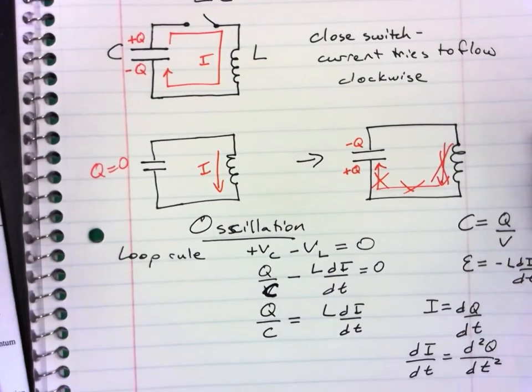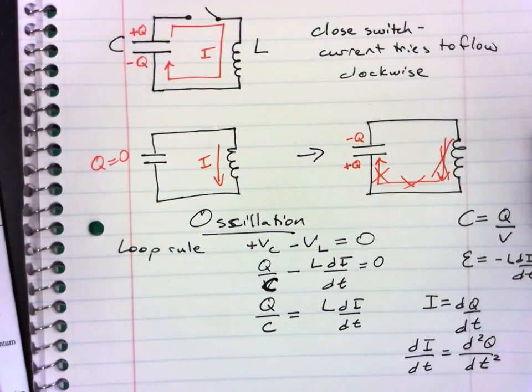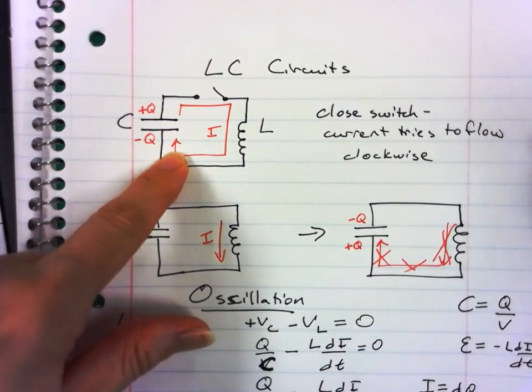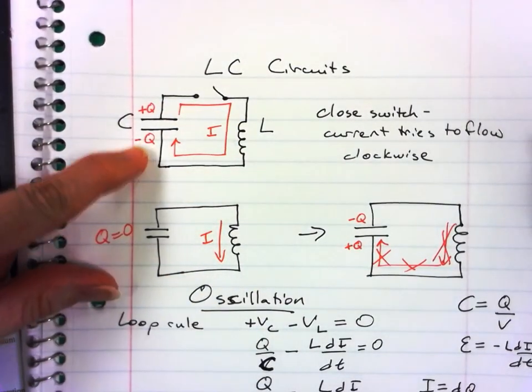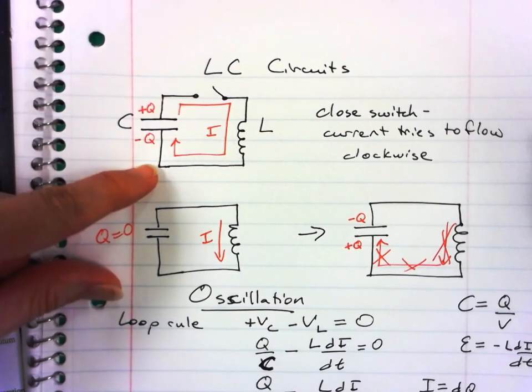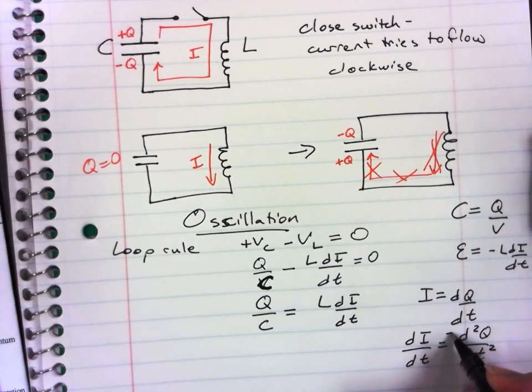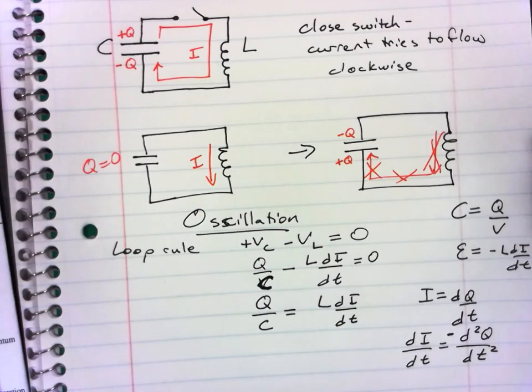And now we need to introduce a negative sign, because as this current is flowing, we get positive current flow if this is the positive direction, because this charge is decreasing. As one is increasing, the other is decreasing. So di/dt is negative d squared q over dt squared.